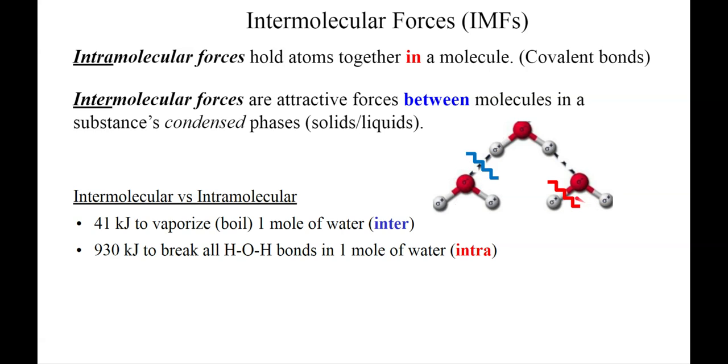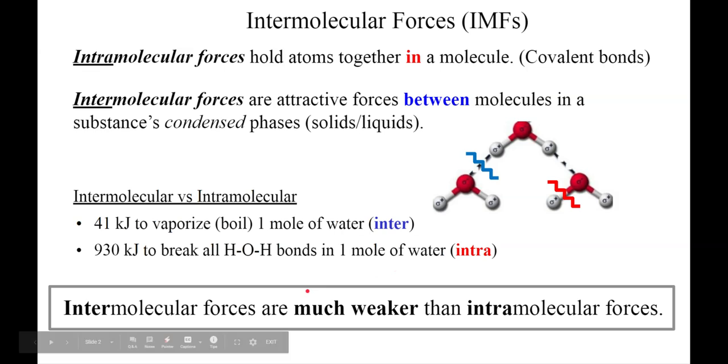But to tear off an arm or tear off a hydrogen, that takes a lot more energy. And so notice, a much greater amount of energy is needed for that to happen. So you'll generally see intermolecular forces are much, much weaker than intramolecular forces. Covalent bonds that we've already talked about are stronger than these forces that we're going to be looking at today.